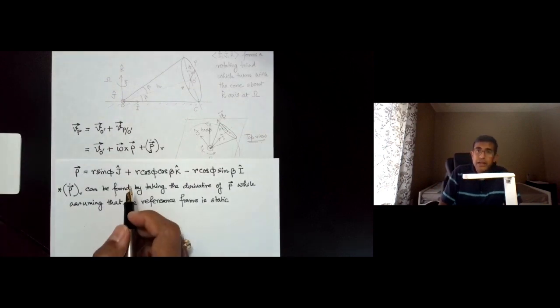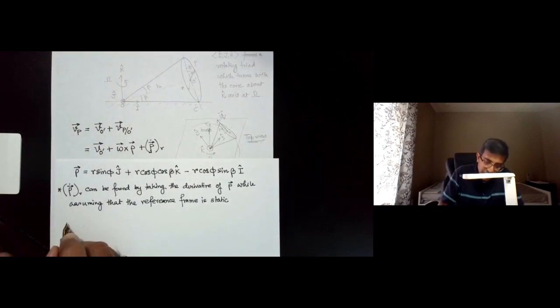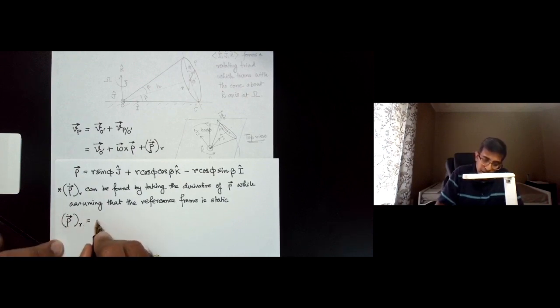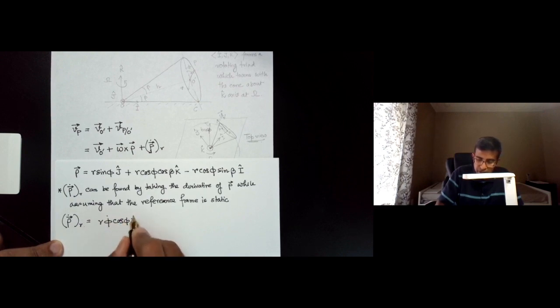So let's take that derivative. Then we will have rho dot r equal to: r is a constant but phi is changing, so r phi dot cosine phi j.